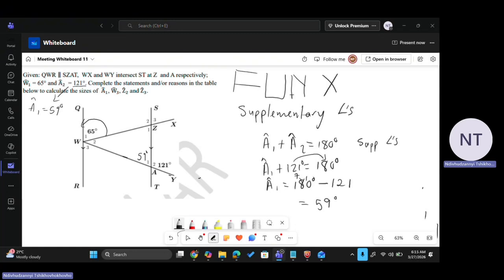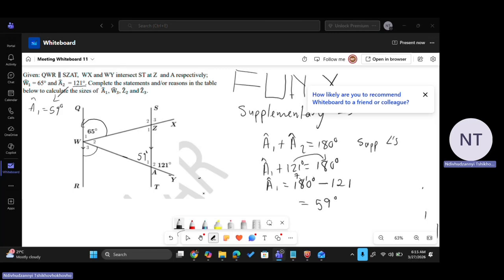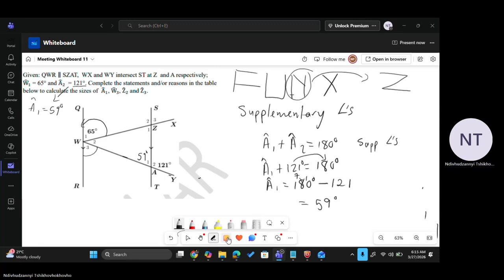Then the next one, it says find angle W3. So you see this guy is here, right? So I just want to show you that if a rule applies, apply it. And you see we have N here, or so-called Z, right? Look at this.